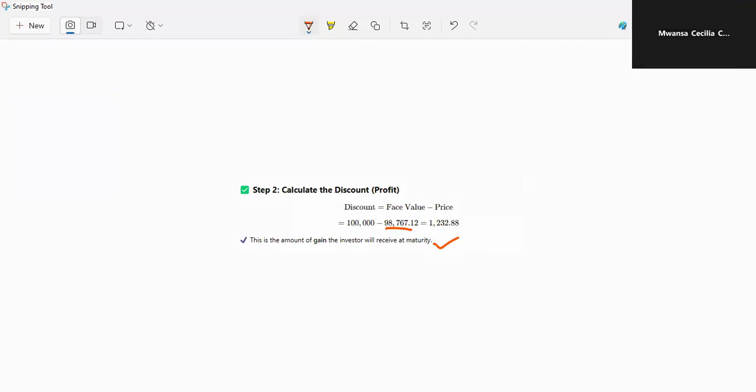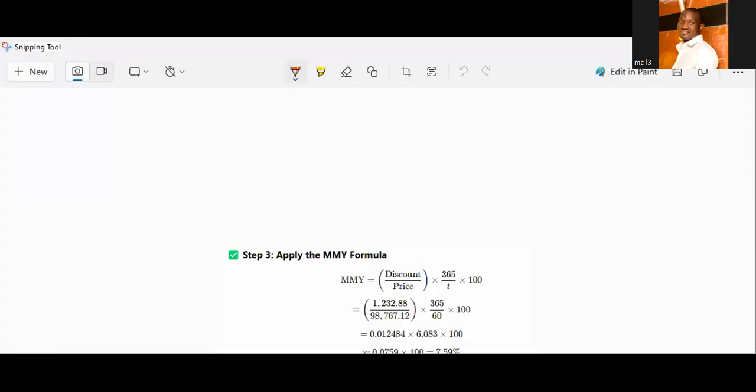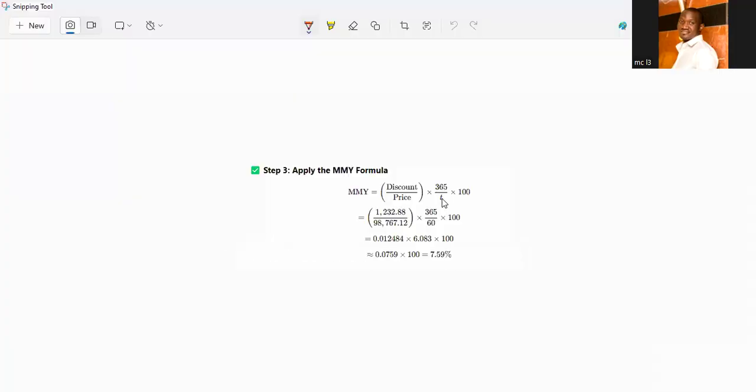Yes, sir. Right. Then remember the formula for the money market yield. We now apply in our third step, the money market yield, MMY. So it is discount over price, times 360 over time, times 100. So the discount itself that we just calculated, 1,200, the actual price, which is 98,000, 360 over 60 times 100.